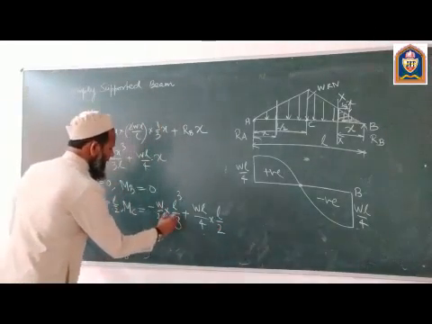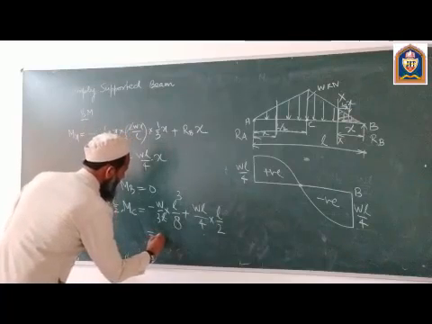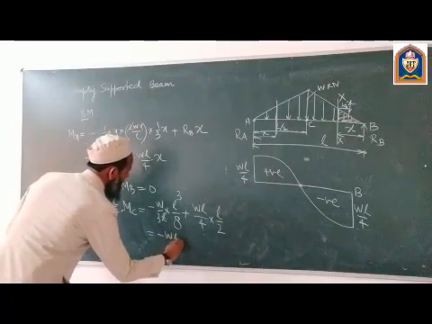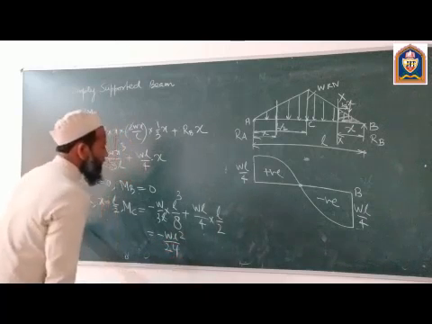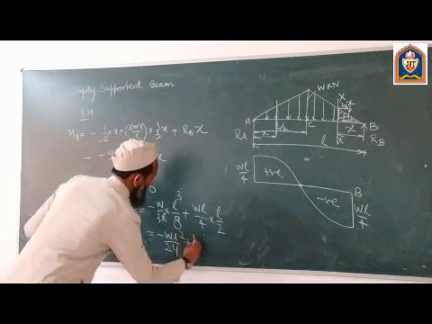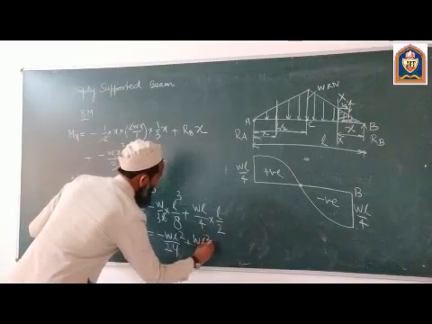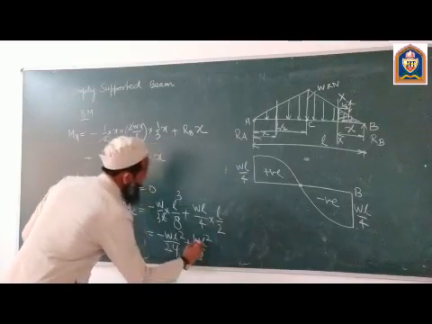Now this will be equal to minus WL square upon 24 plus WL square upon 8.